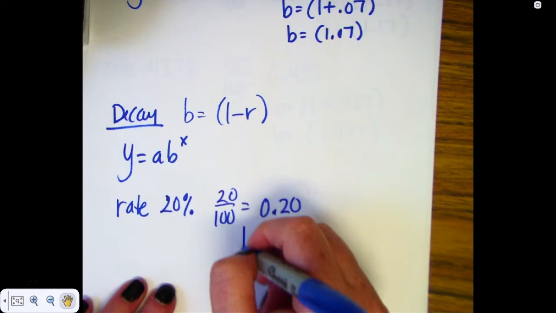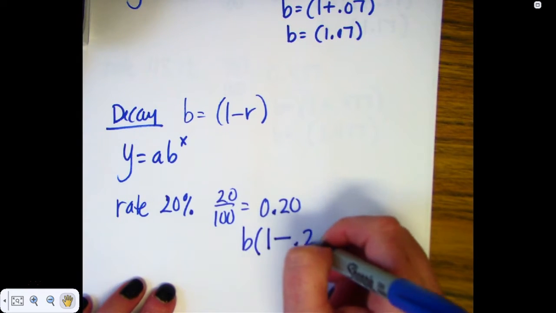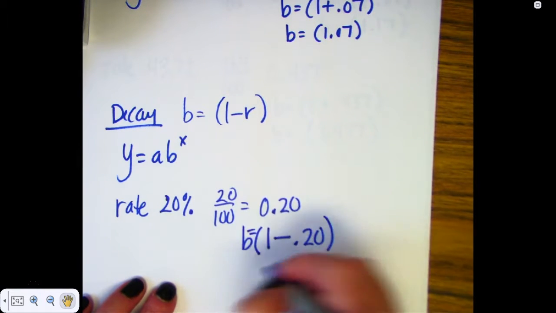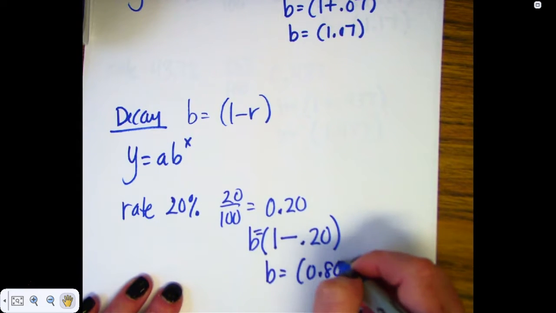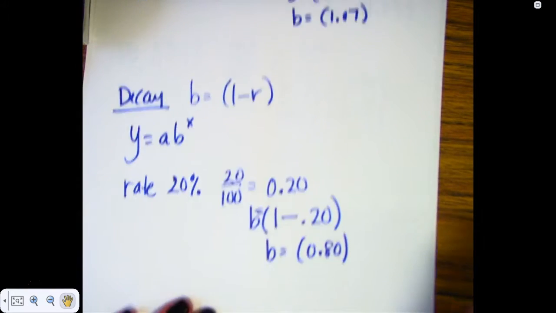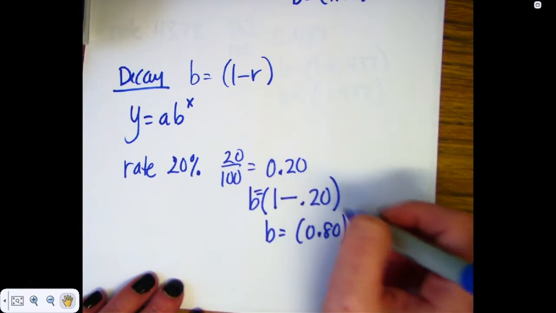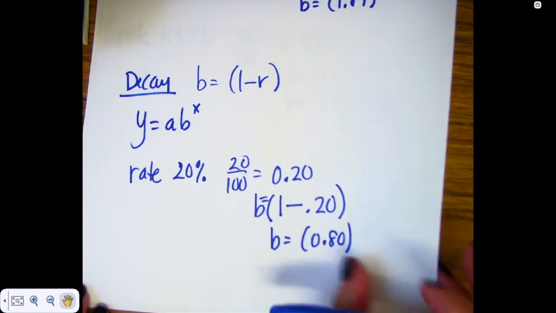If I'm going to find B, I take 1 and subtract that value. That's how I find B. And that means my B value is 0.80. I'm not sure where some of you are coming up with your numbers. I'm literally subtracting from 100, or I'm subtracting from 1, because this 1 is representing 100%.